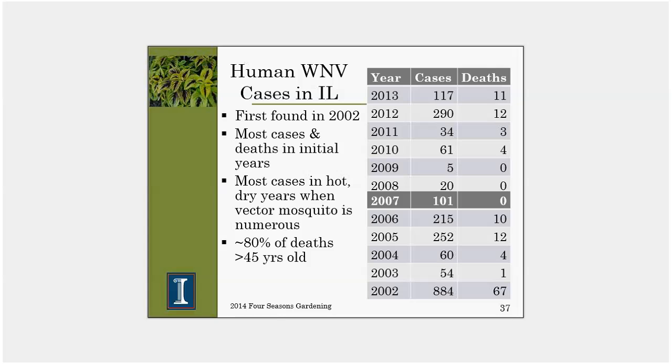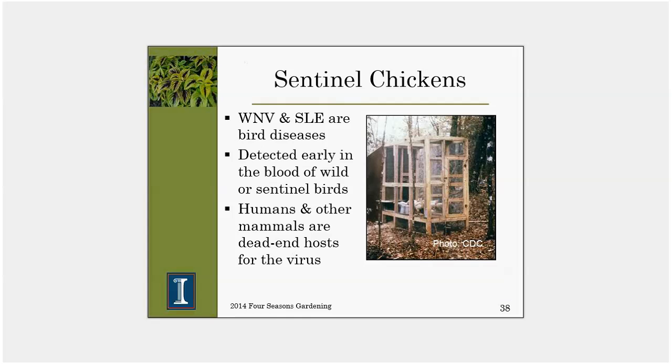Mosquitoes do better. Again, West Nile virus and St. Louis encephalitis are bird diseases, and so one way of early detection of these viruses is to check birds. They're going to have it in them first. So you can net wild birds and pull out a blood sample. My wife used to do this when we lived in the Chicago area in the 1980s.